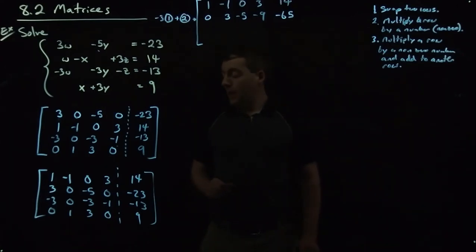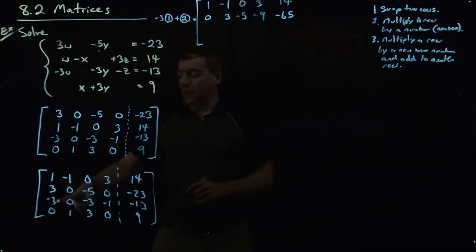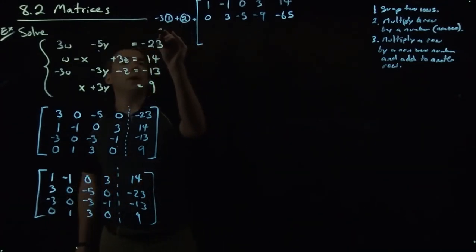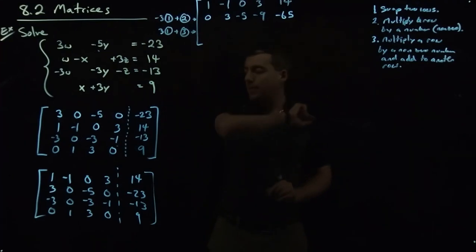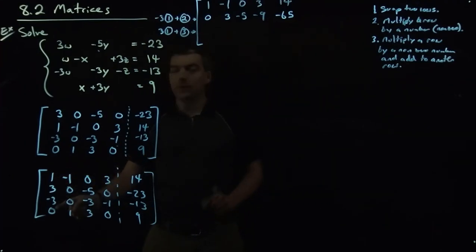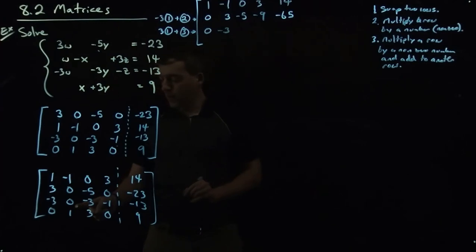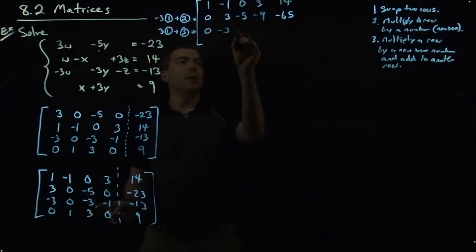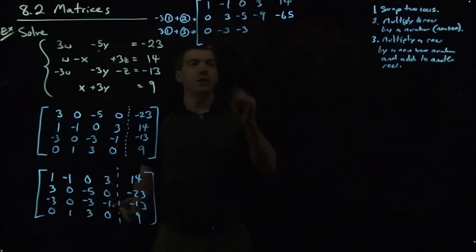All right. Since we want to eliminate this -3 as well, we'll go ahead and multiply 3 by the first row and then add it to the third row and replace the result right here. So 3 times the first row, we get 0. 3 times -1 is -3. 3 times 0 doesn't change anything. 3 times 3 is 9, -1 is 8.